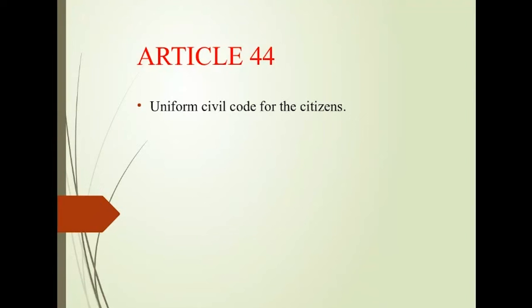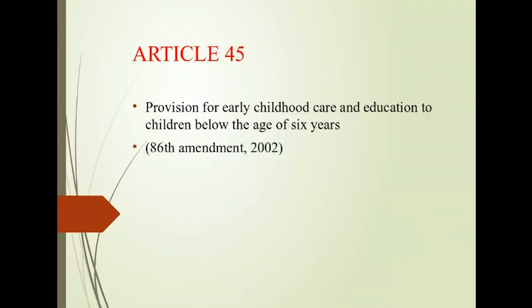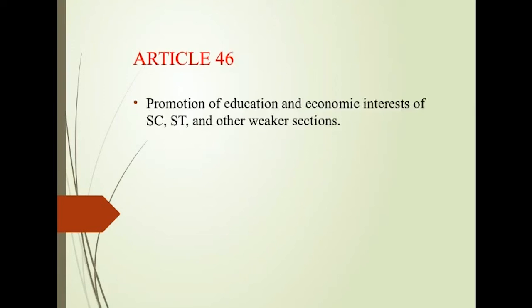And next is Article 45. It was brought in by the 86th Amendment 2002. It's about provision for free and compulsory education for children. And Article 46, promotion of educational and economic interests of scheduled castes, scheduled tribes and other weaker sections.